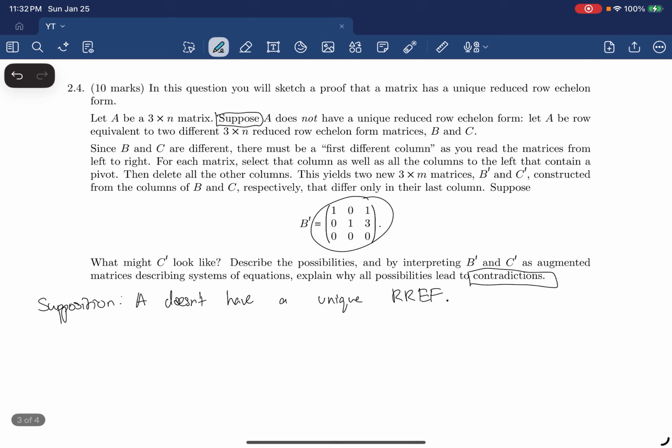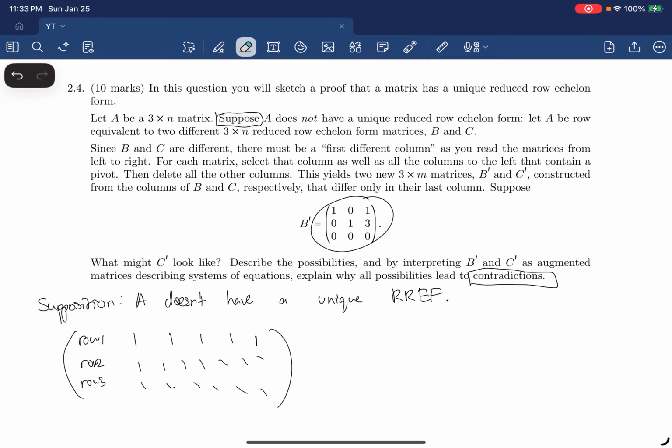So to begin, they say it's 3 by n, which means it's got 3 rows: row 1, row 2, and row 3, and however many columns they want. So they're just making it a little general.